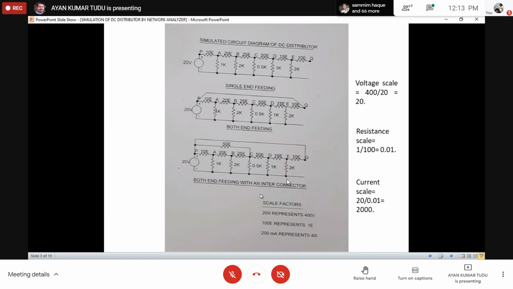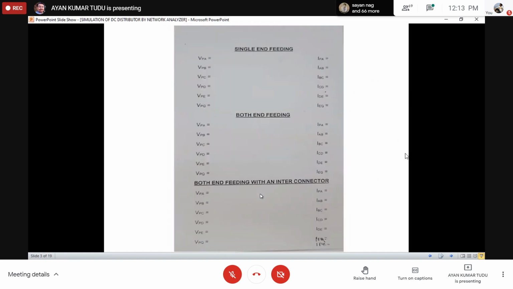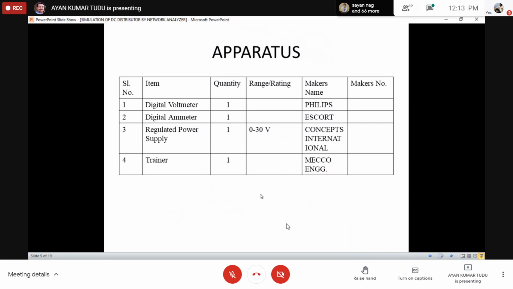After the circuit diagram you write down your apparatus list. I forgot to write down the range, rating and maker's number, but please remember that this is the table for the apparatus list. You will follow this table up to your fourth year second semester. First the serial number, then the item, the quantity, the range or rating, the maker's name, and the maker's number.